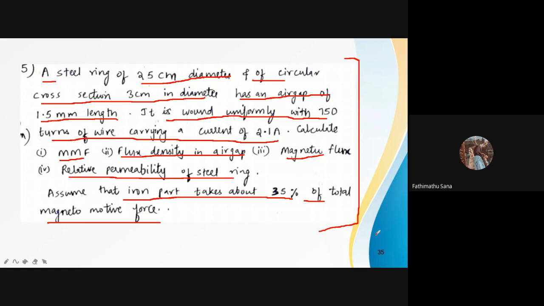Jyotish, present, sir. Kailas Nath, present, sir. Muhammad Muad Farooq, present, sir. Nikhil Das, present, sir. Pranav, present. Sayanth, present.